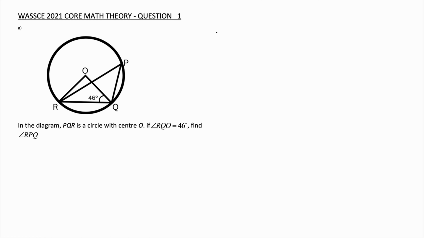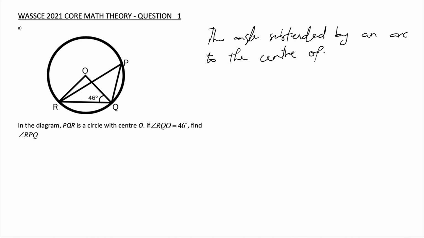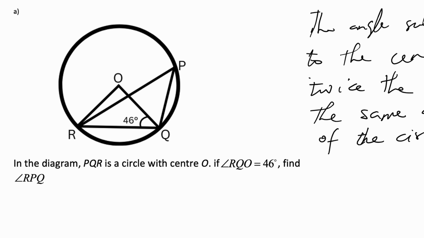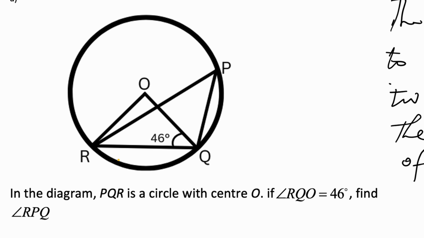So in circle theorems, one of the theorems says that the angle subtended by an arc to the center of a circle is twice the angle subtended by the same arc to the circumference of the circle. And this is our arc RQ.